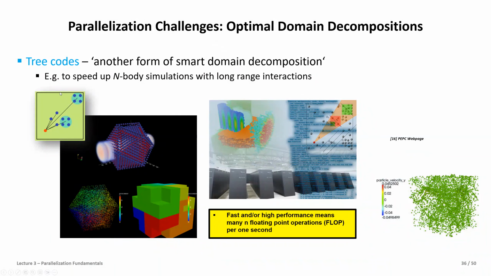Although, of course, you could do the same and just divide it equally among 4 processors, but then you also see that perhaps one of the processors has almost nothing to do, another one is far away from the core part, so you see load imbalance again. Hence, there are really smart domain decompositions in these applications when you go to production.